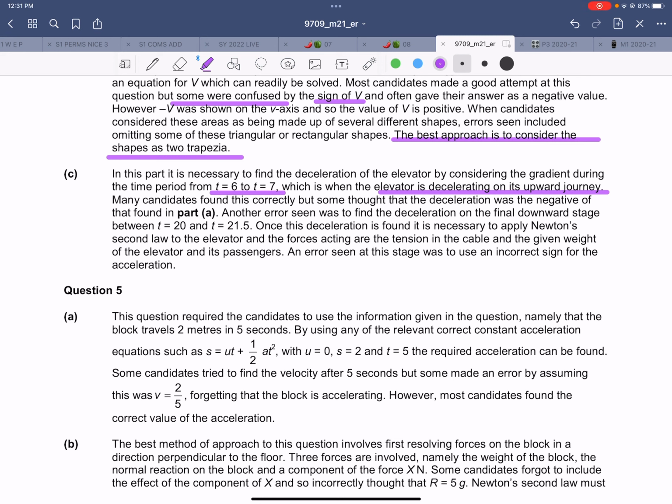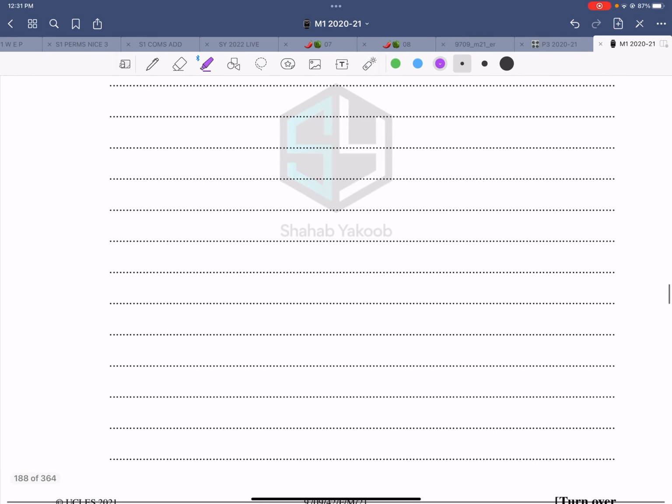Once this deceleration is found, it is necessary to apply Newton's second law to the elevator and the forces acting, that is tension in the cable and the given weight. An error seen at the stage was to use an incorrect sign for the acceleration. So these are some of the observations by the examiner based upon the scripts provided.